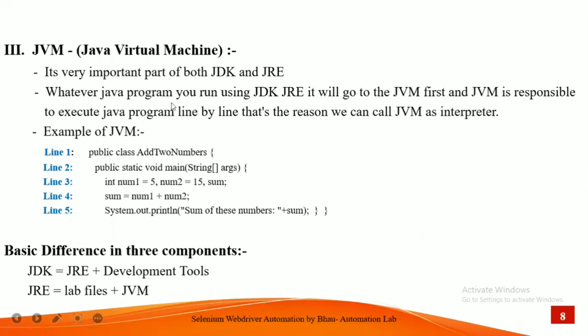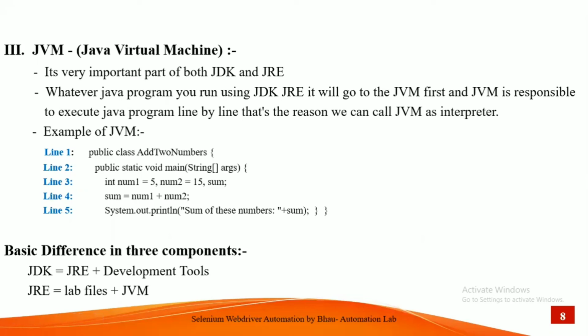So let's talk about JVM now. What is JVM? JVM stands for Java Virtual Machine. It's a very important part of both JDK and JRE. Whenever you run any Java program using JDK or JRE, it goes to the JVM first.